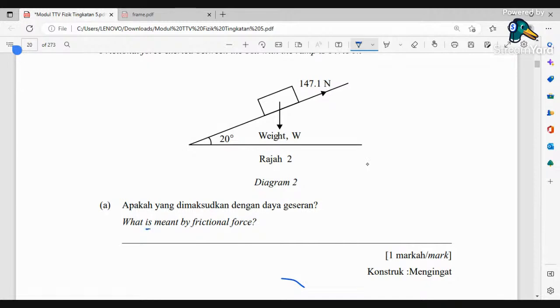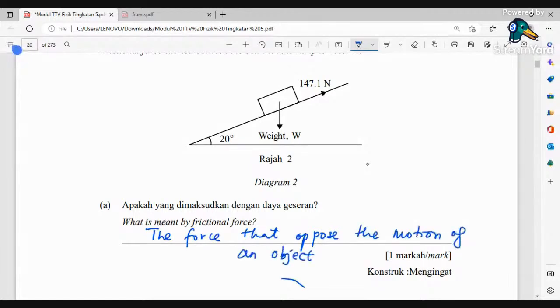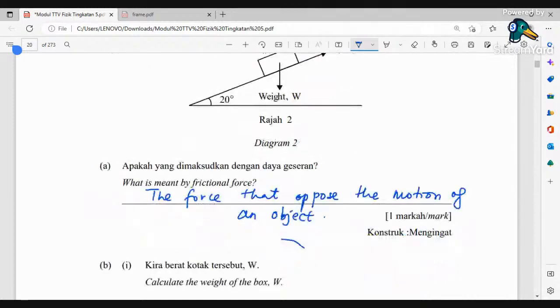It is the force that opposes the motion of the object. When an object moves, it opposes the motion, so we call it frictional force.